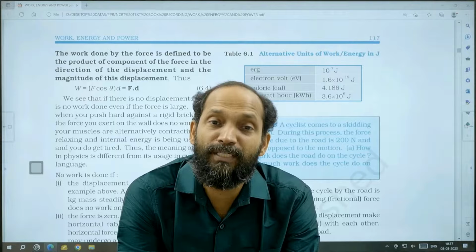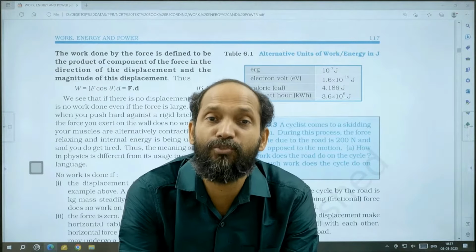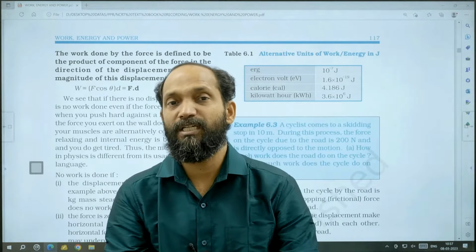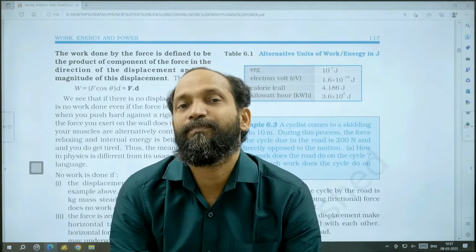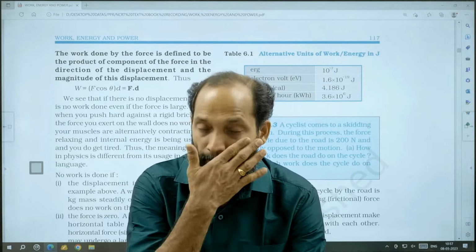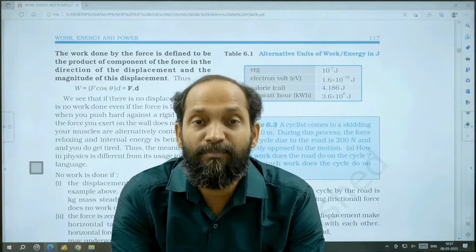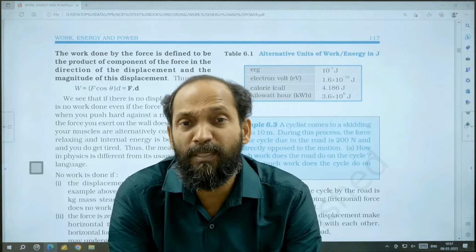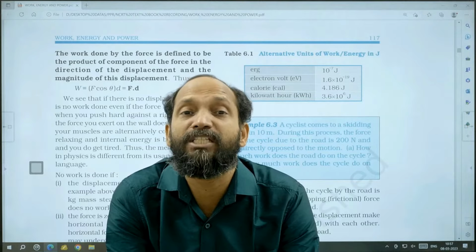The displacement of the point of application of the force is 0, so the work done by the child is 0. A force can do work only when the point of application of the force undergoes some displacement which is not perpendicular to the line of action of the force.